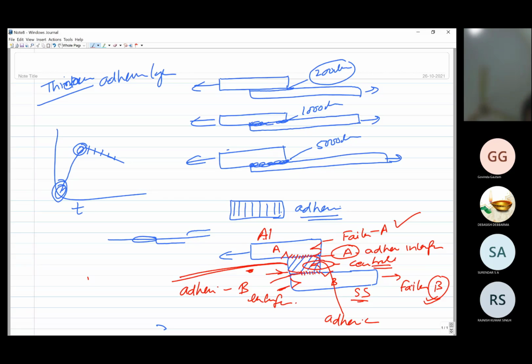And this typically happens when its thickness is more. This will offer you the lower joint strength. Before that, when the adhesive was interacting with one of the base metals or the other, if the failure is from the interface of the base metal and adhesive, probably this is going to offer you the better joint strength.